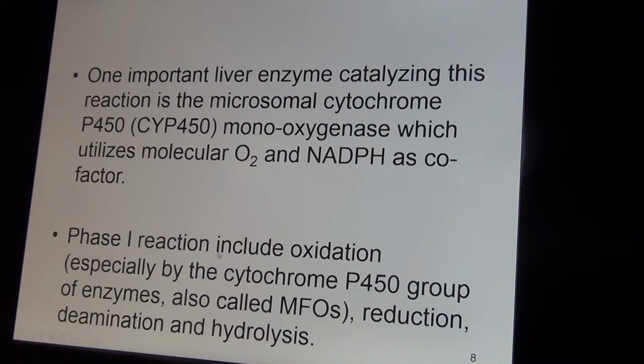So phase 1 reactions mainly involve 4 processes: oxidation, reduction, deamination, and hydrolysis. Oxidation mainly involves the cytochrome P450 group of enzymes, or the CYP450 group of enzymes.